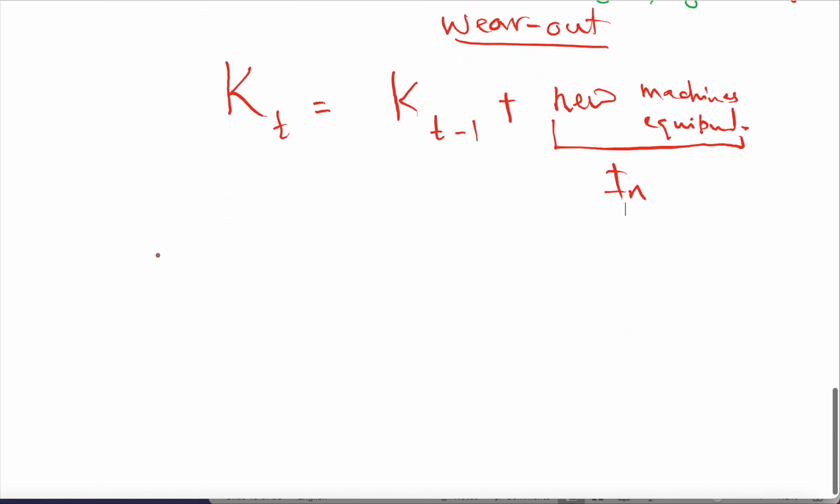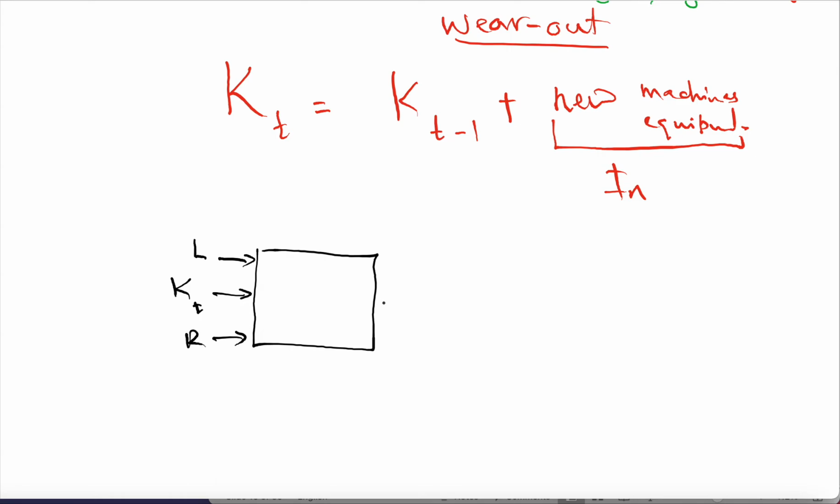So in the production process, it depends on how much stock of capital there is at time t, how much labor is going to be employed, and how many materials they're using, then they can produce the GDP.